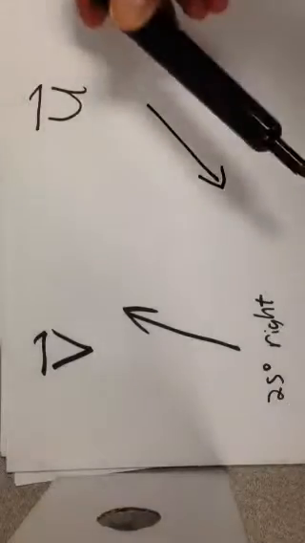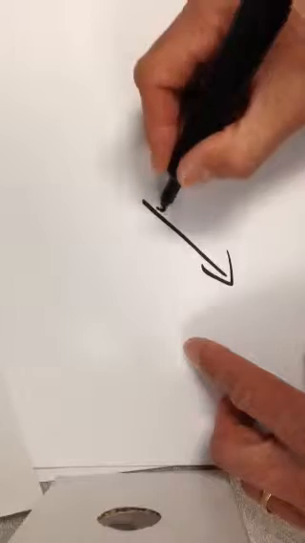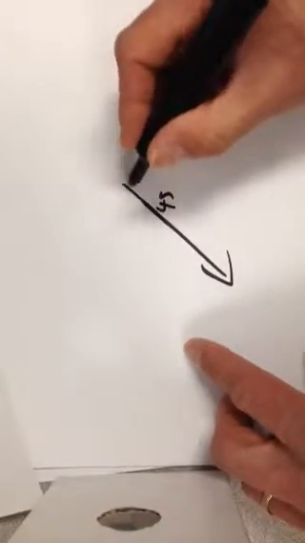Let me do the same three ways of measuring angle except with vector u. So you can see vector u is 45 degrees downward to the left. So I'm going to write that as a true bearing. Again, that's 45 degrees downward and to the left.